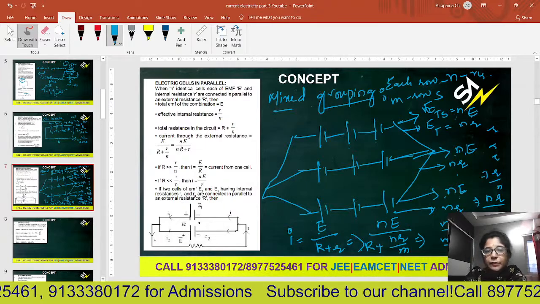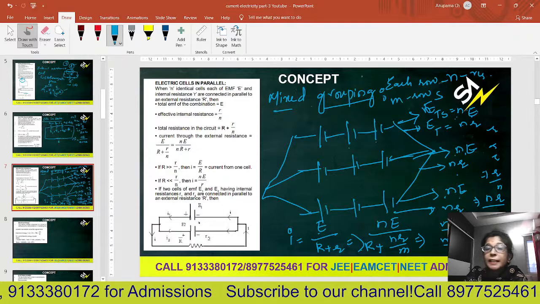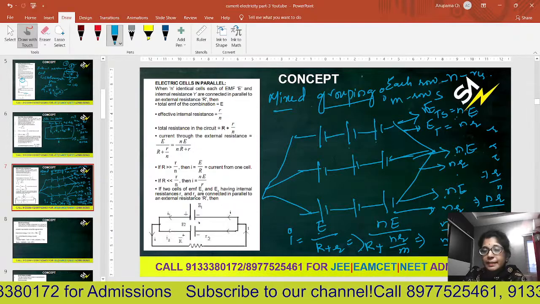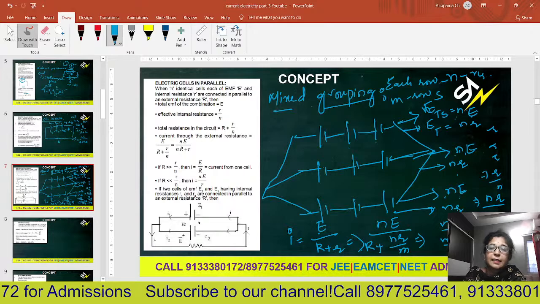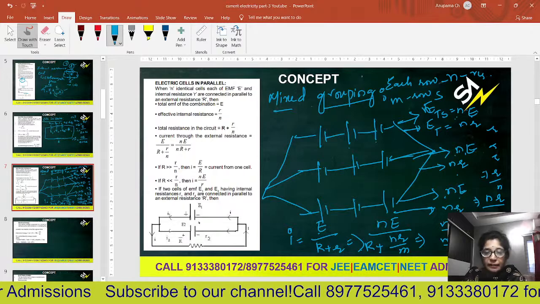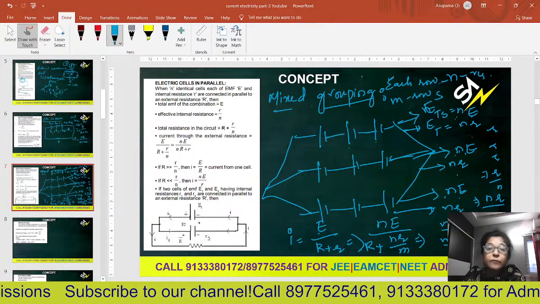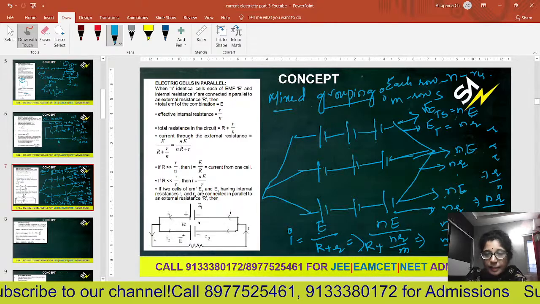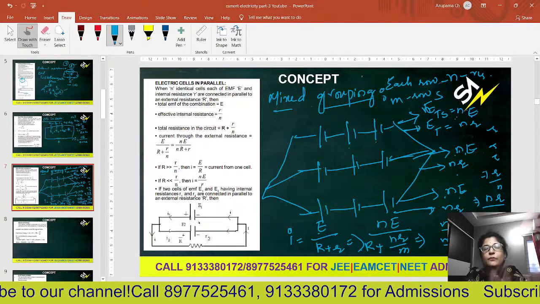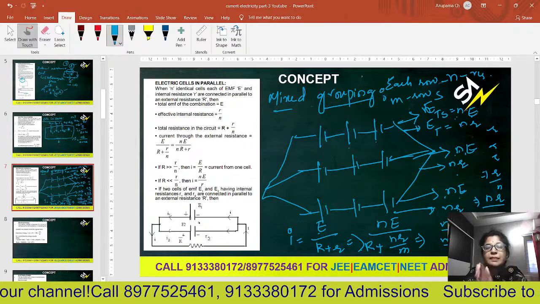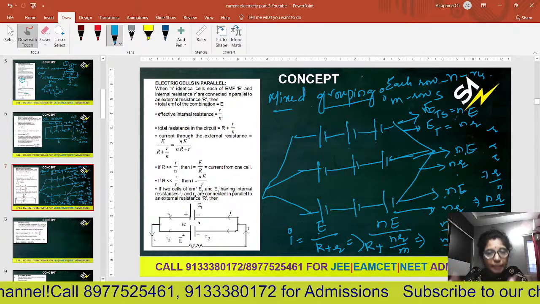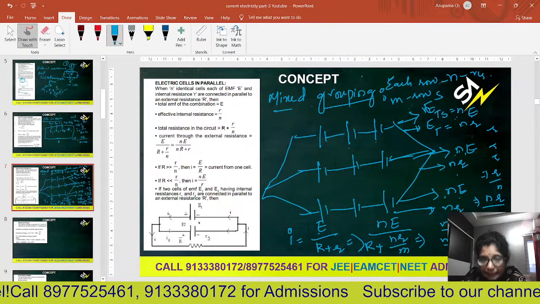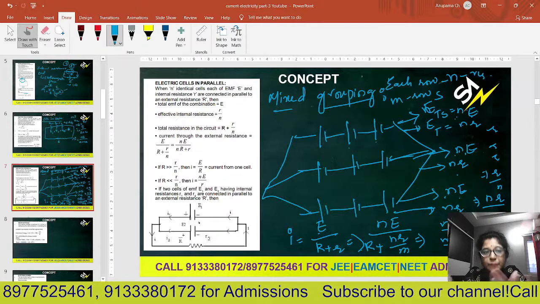If you take a circuit, depending upon the direction of current, we will estimate whether the resistors are in series or parallel, right? That is how we will estimate. In the same way, we have cells here, right? Even in cells also, we have possibility for mixed grouping. This is the thing which is actually mixed grouping.